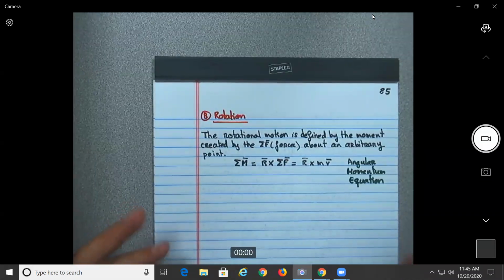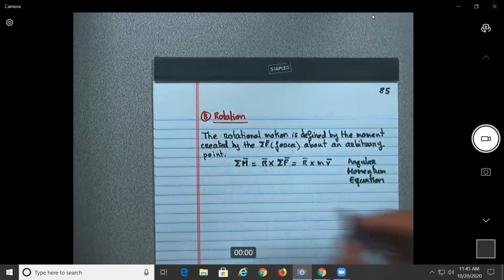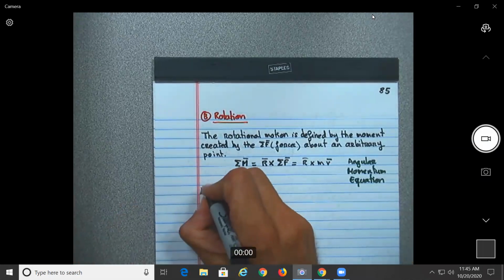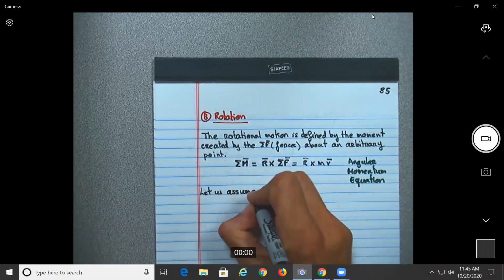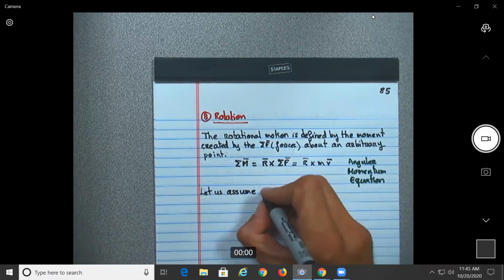So as before, we're going to simplify the problem. So let us assume a static solution.